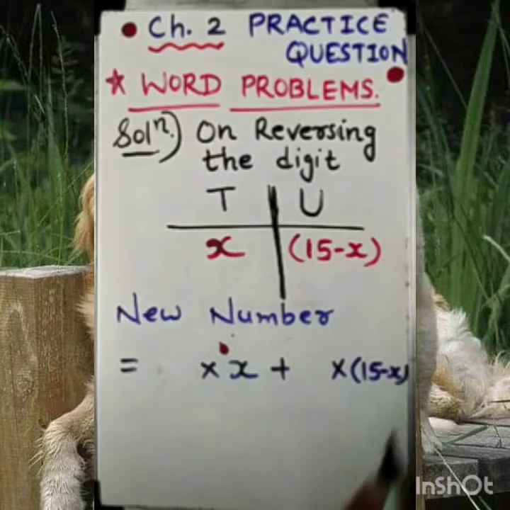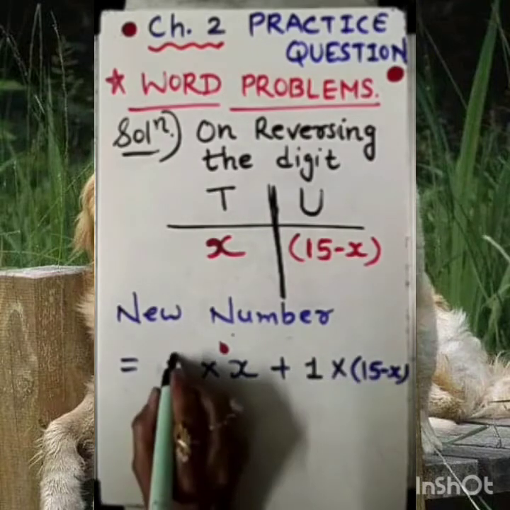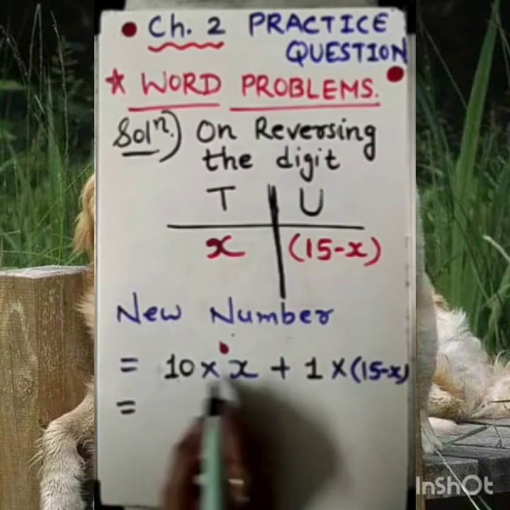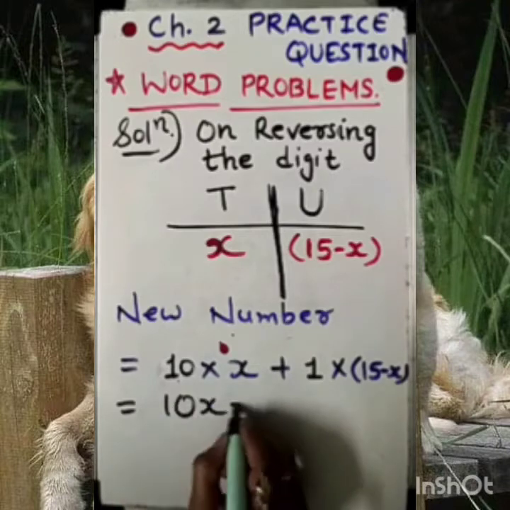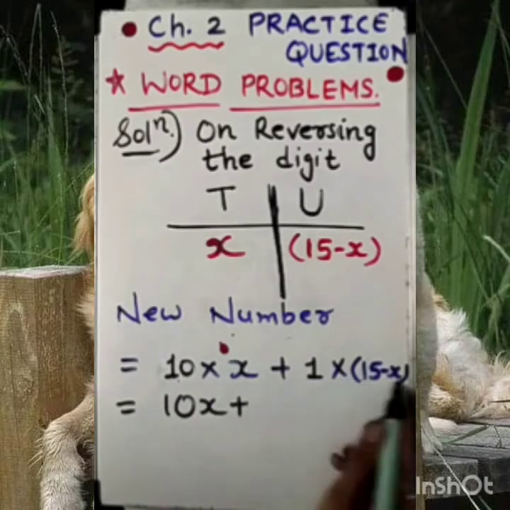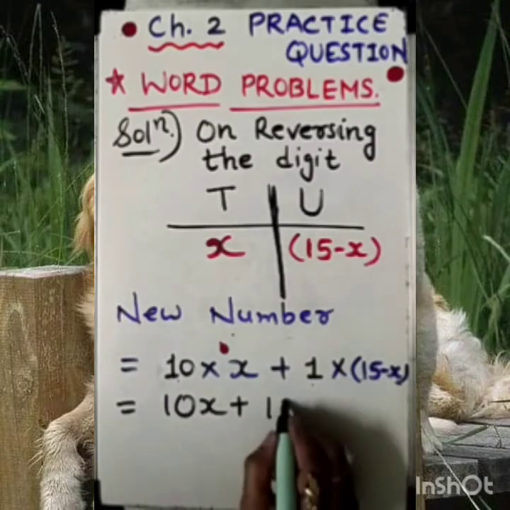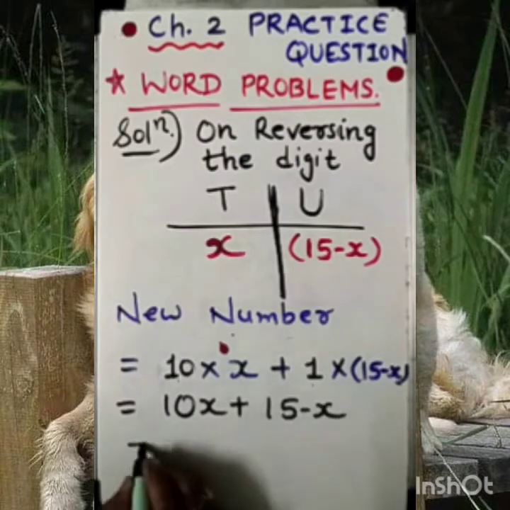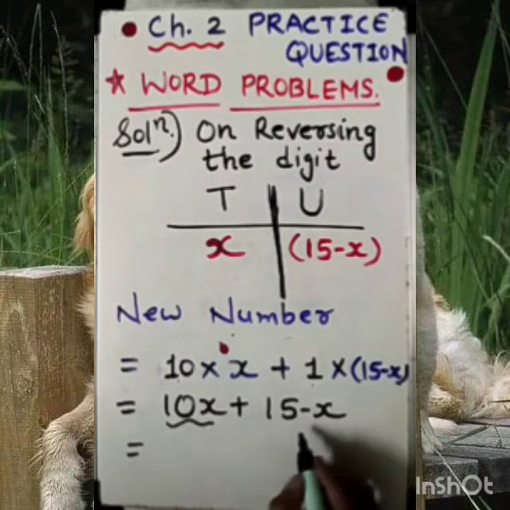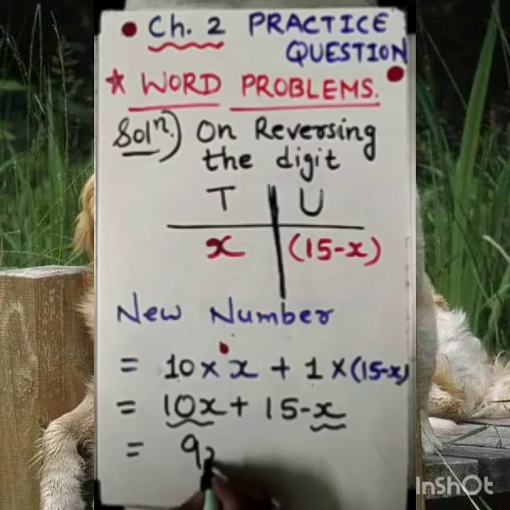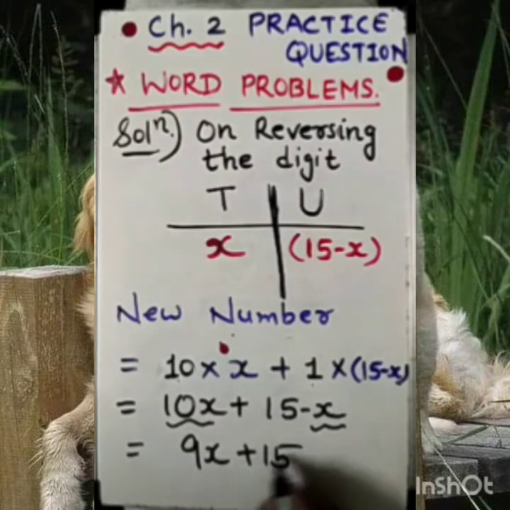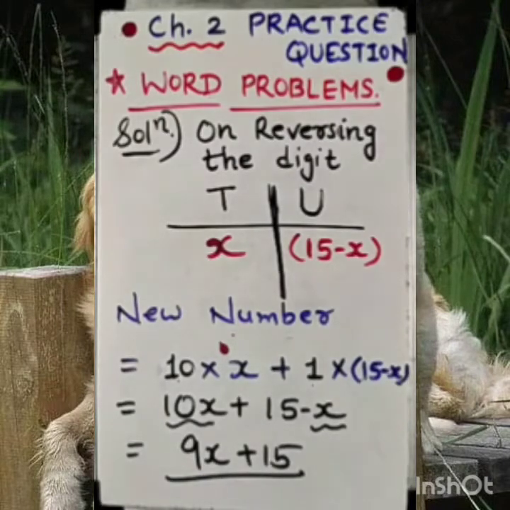Let's simplify. 10 into x is 10x plus 15 minus x multiplied by 1 gives the same result, 15 minus x. As usual, 10x minus x is 9x plus 15. So dear student, the new number is becoming 9x plus 15.